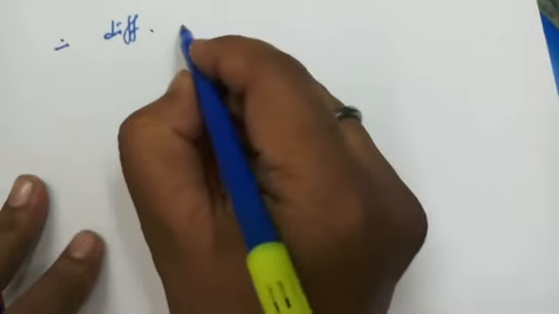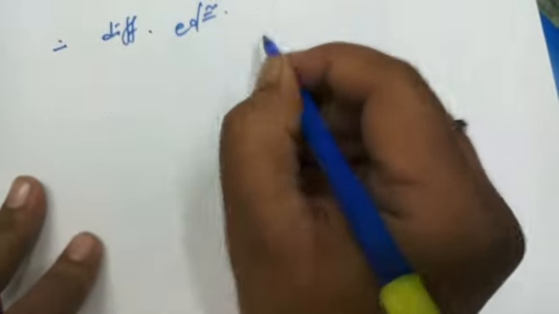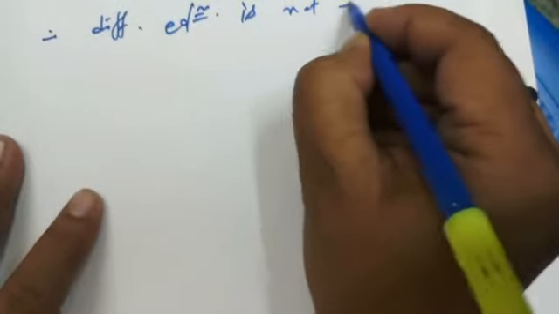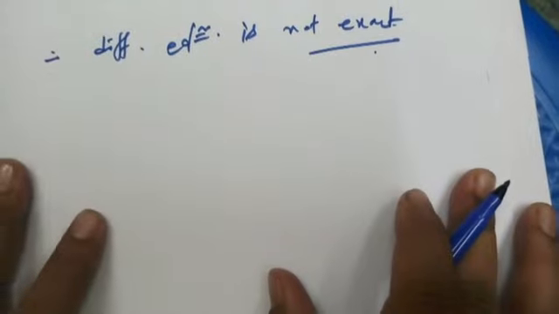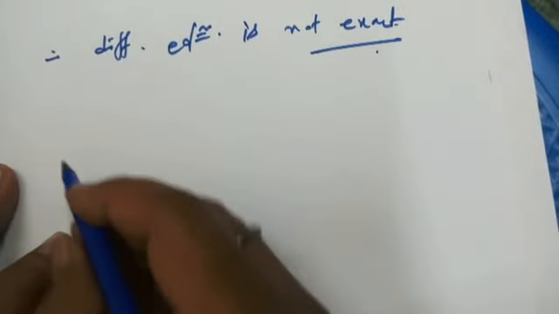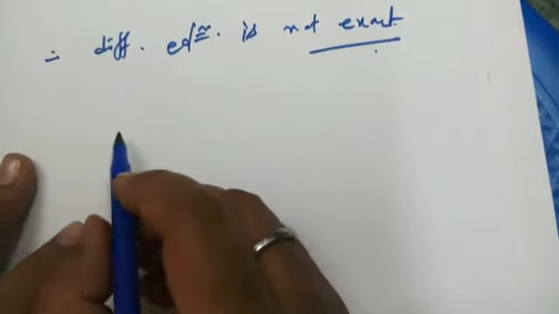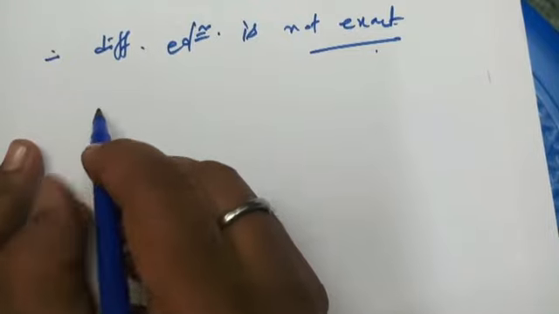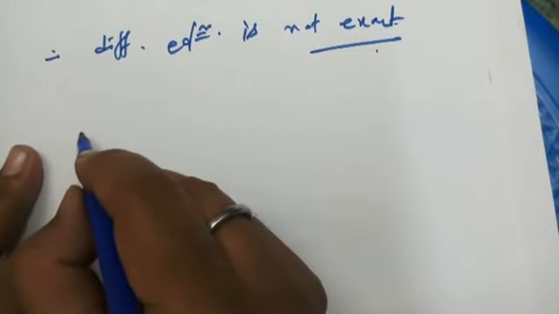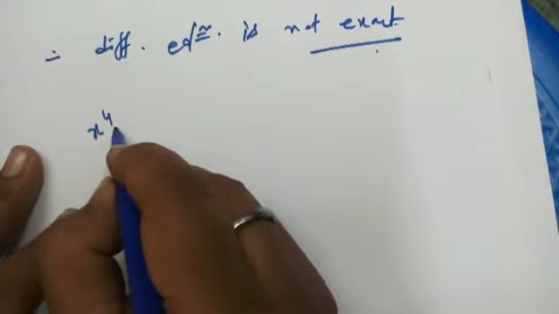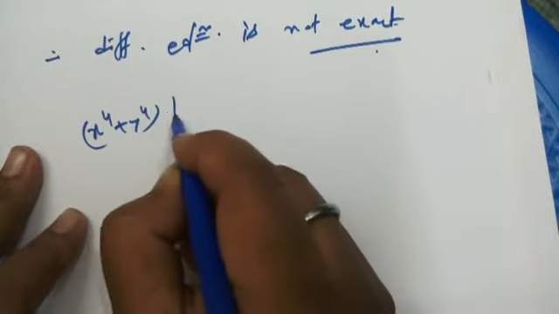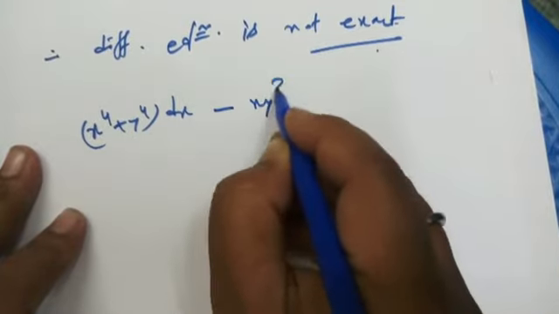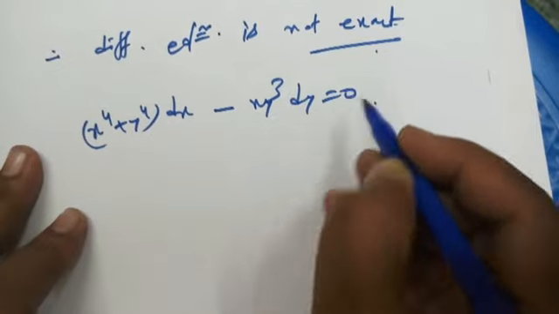The differential equation is not exact. So students, observe M and N. The given equation is x power 4 y power 4 dx minus x y cube dy equal to 0.